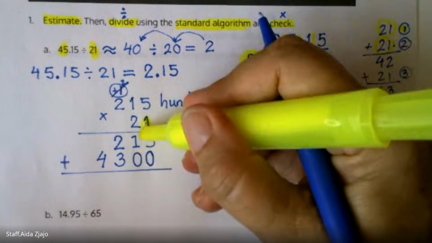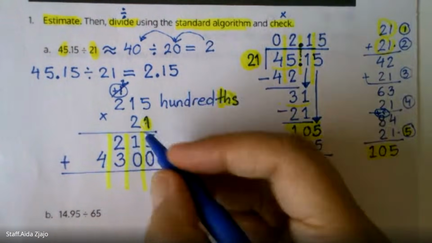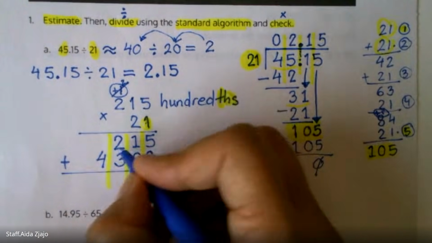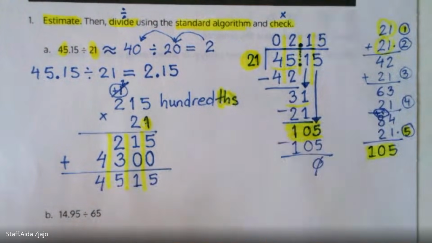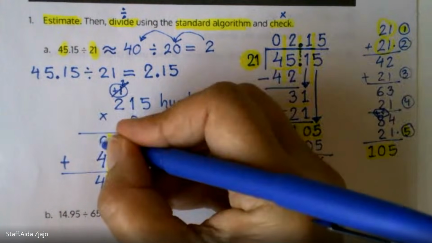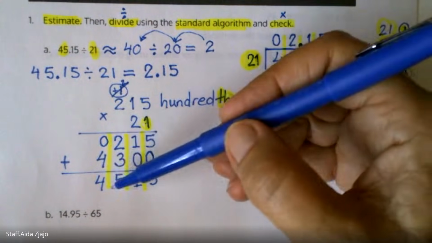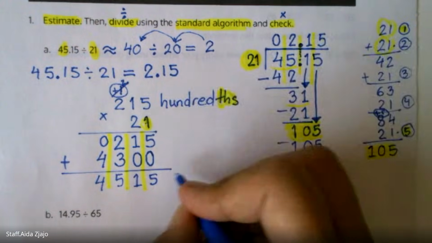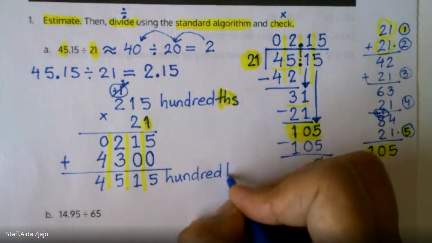I'm going to use my place value highlighters. 5 plus 0 is 5. 1 plus 0 is 1. 2 plus 3 is 5. And 4 plus 0, I can put 0 here if I want to. So that is 4,515, but they're hundreds.